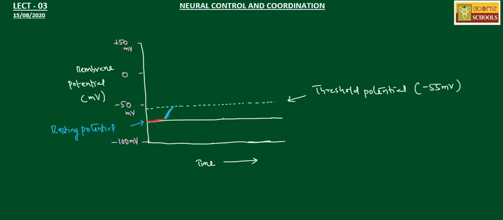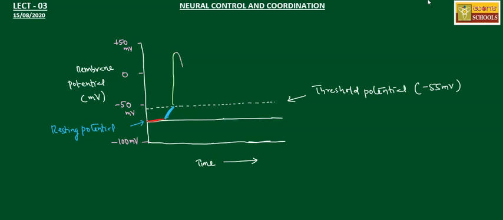So this red color indicates the resting potential, and this one indicates the threshold, and after this it results in increasing the value to this point, and then it comes down.